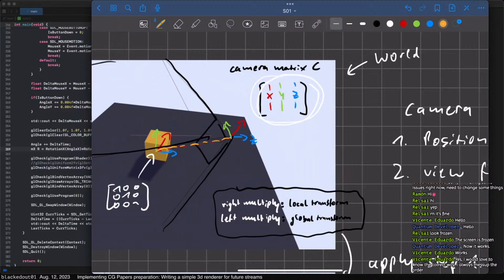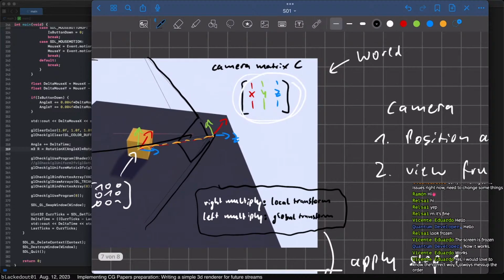And this is why often instead of 3x3 matrices, 4x4 matrices are used. And 4x4 matrices look like this. So in the upper left, we still have the original 3x3 matrix. But additionally, we also have this translation vector here, which is in the last column.